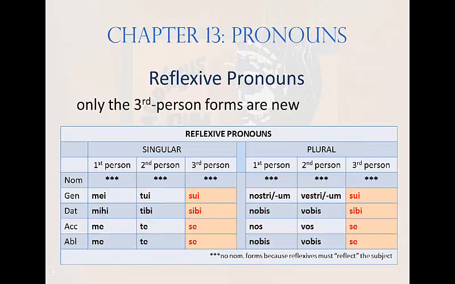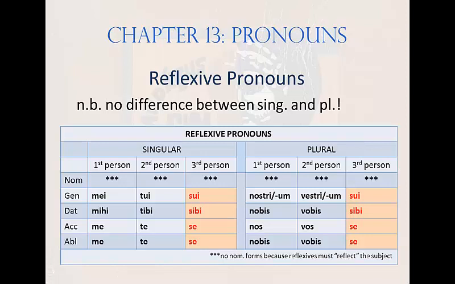The only form you'll have to memorize here is the third person reflexive pronoun, the quaint and slightly country-sounding sui sibi se se. So, Jethro, say it till the pigs come home. Note that Latin makes no distinction between the singular and plural of the third-person reflexive pronoun because the subject makes it clear what sui sibi se refers to.